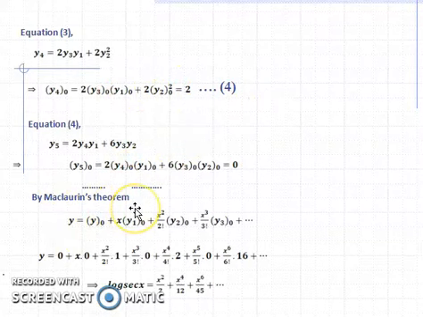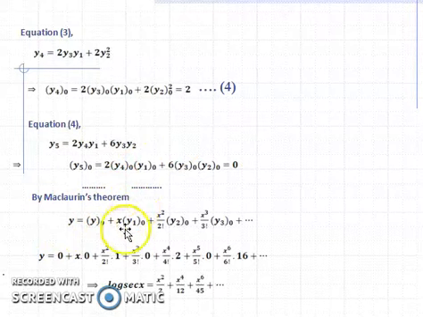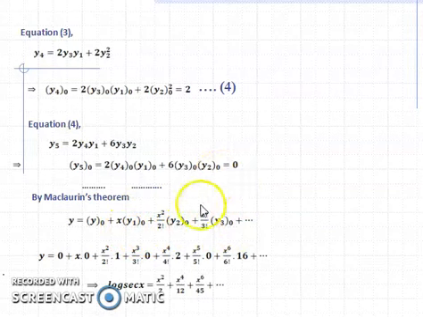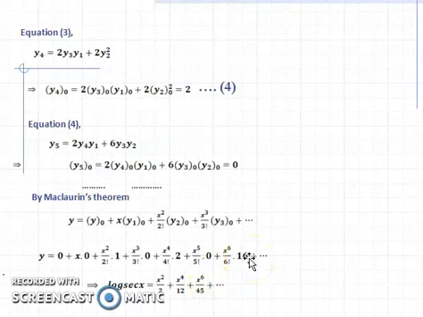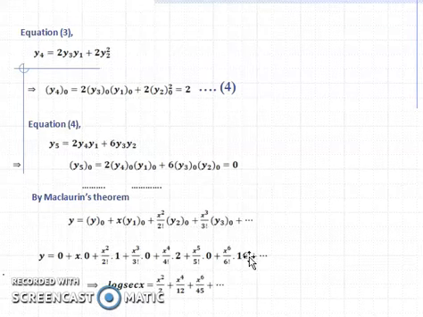Now on putting all these values of y of 0, y1 of 0, y2 of 0 and y3 of 0 here, and after simplification we get the result x square divided by 2 plus x to the power 4 divided by 12 plus x to the power 6 divided by 45. So this is all about Maclaurin's theorem. So in today's lecture we have proved some problems related to Taylor's theorem and Maclaurin's theorem.